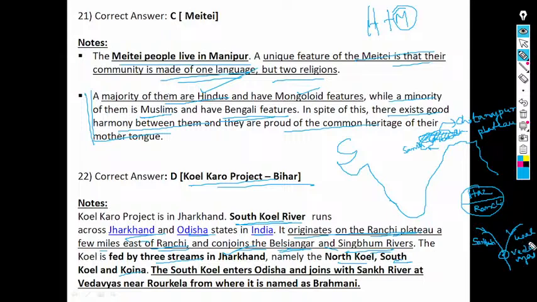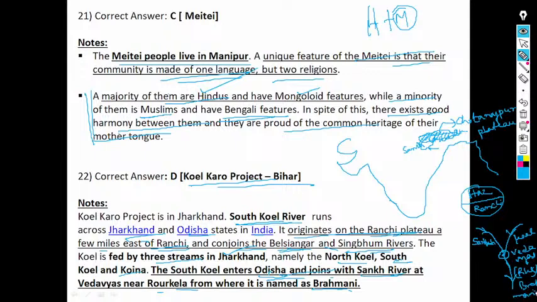This is Sank and this is the Koel river, where near Rourkela it is joined. The South Koel enters Odisha and joins with the Sank river at the Vedavas near Rourkela, from where it is named as Brahmani. This is the Brahmani river.